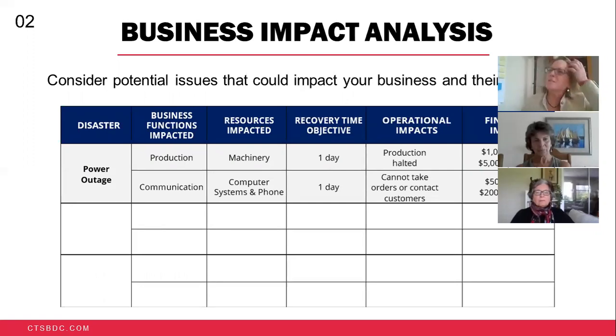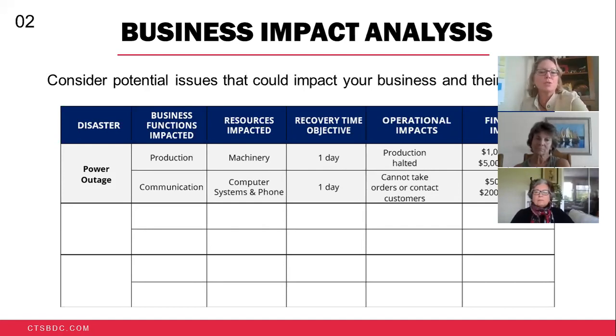This is somewhat similar to what you did to identify, but it asks for different information: resources impacted, recovery time. Now it's asking you to really break it down. If this happened, how long would it take you? What does that impact? And what is the cost of that impact?